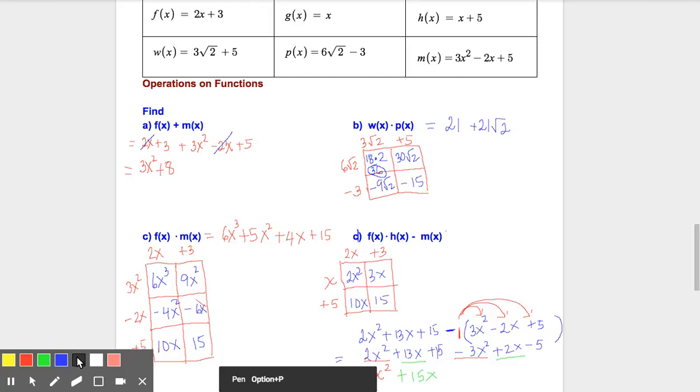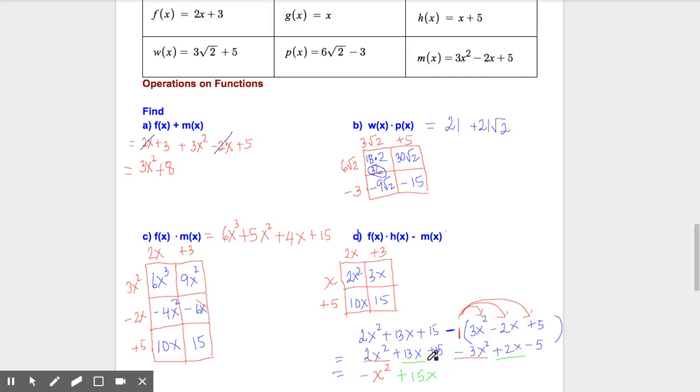And then we add the constant terms. We have here 15 plus -5, or 15 minus 5. And that's going to give us positive 10. So f of x times h of x minus m of x is equal to this, -x squared plus 15x plus 10.